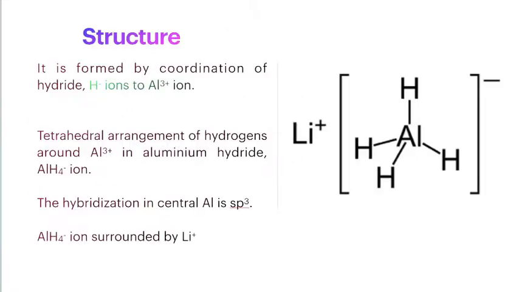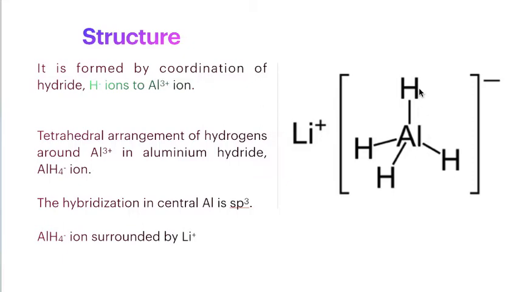Then let us see the structure of lithium aluminum hydride. This is the structure. It is formed by the coordination of 4 hydride ions to 1 Al3+ ion.